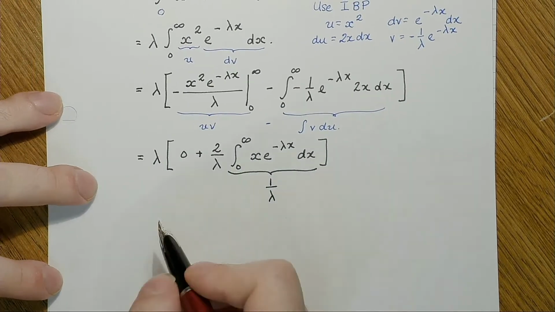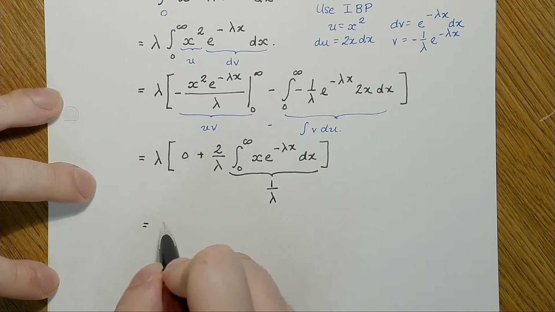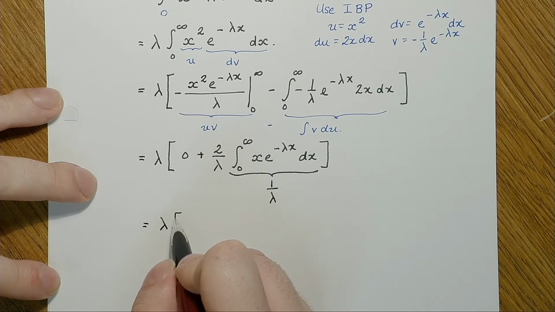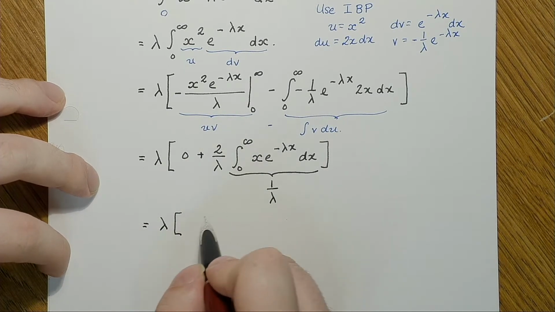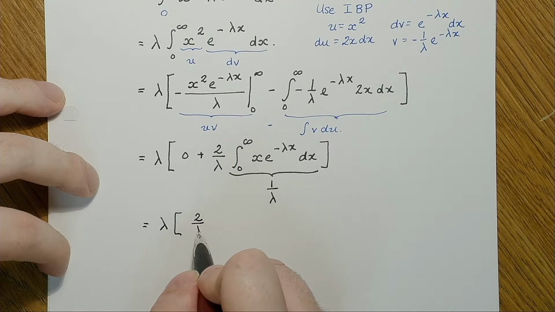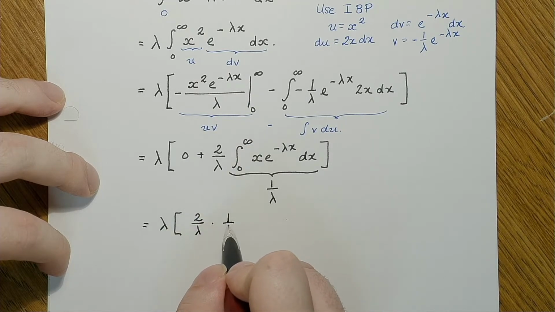Okay, so what we get then is lambda times 2 over lambda times 1 over lambda.